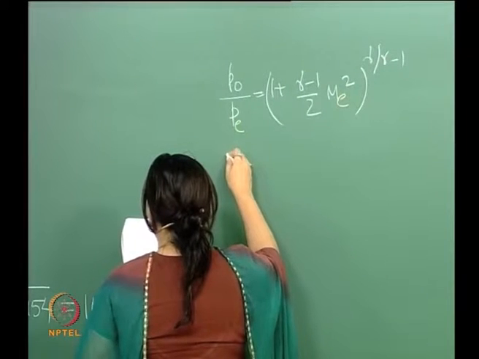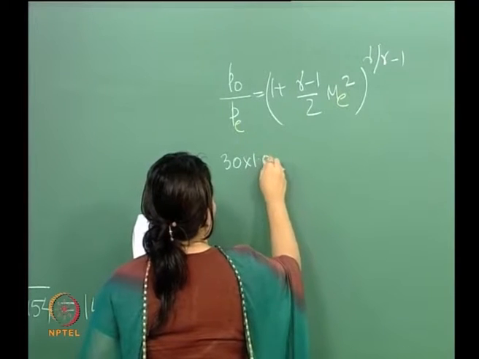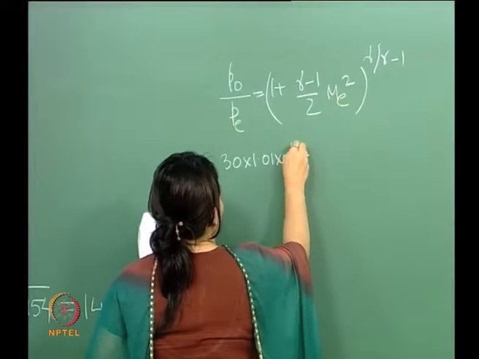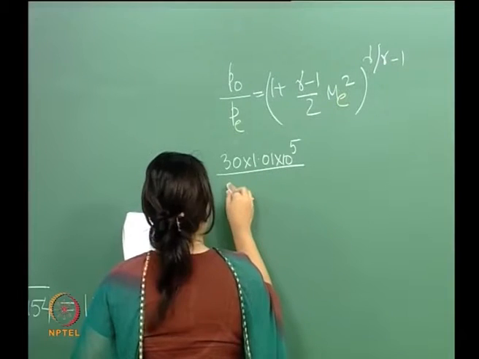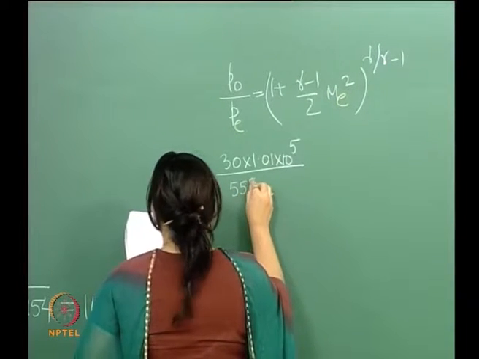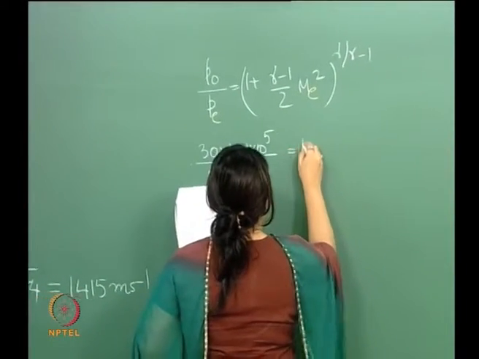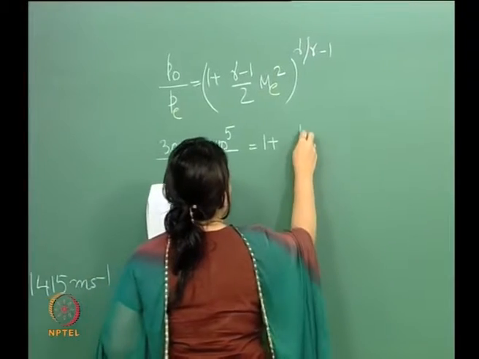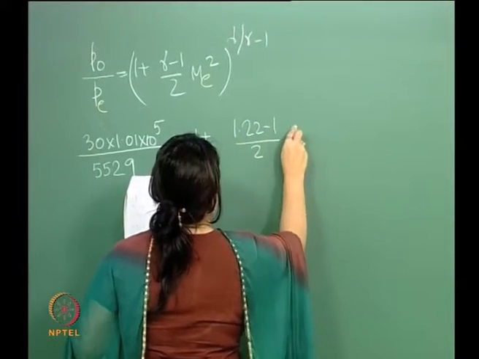P naught over PE is equal to 1 plus, and this is also given.